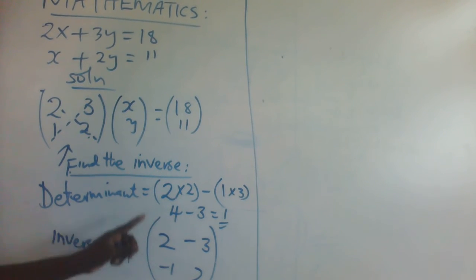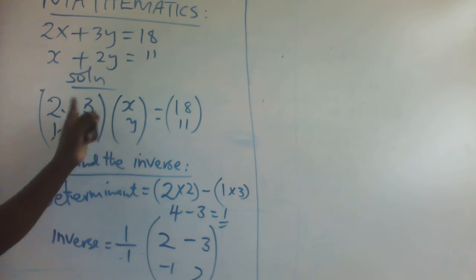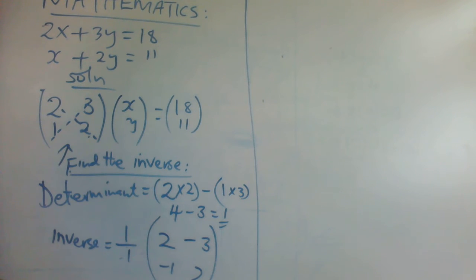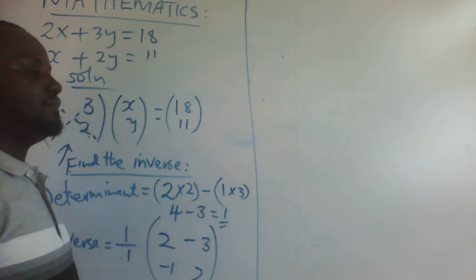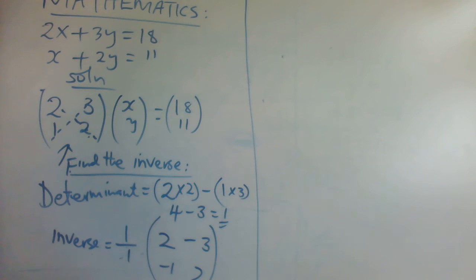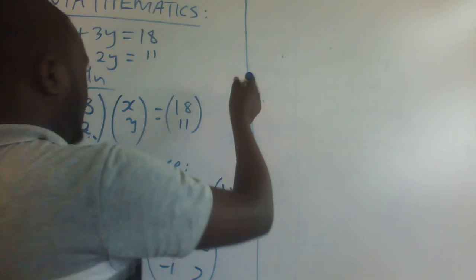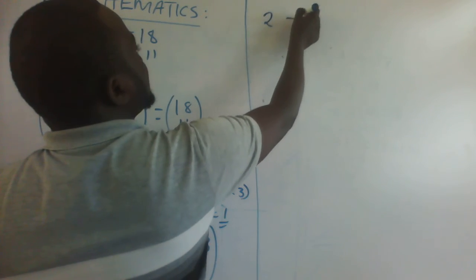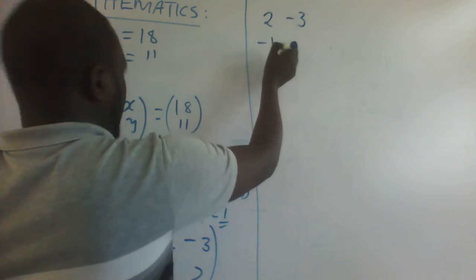You pre-multiply this matrix on this side. Remember, the multiplication must be compatible. Always start with the inverse. Our inverse is 2, minus 3, minus 1, 2.